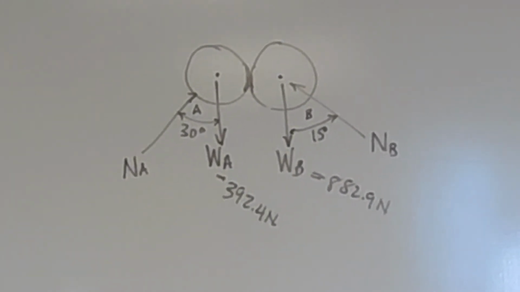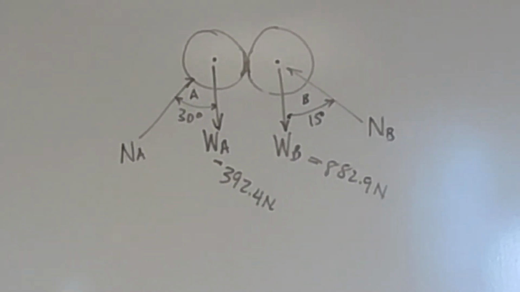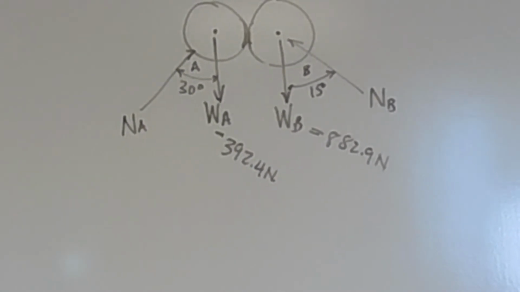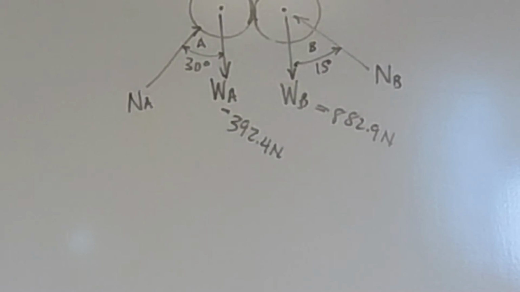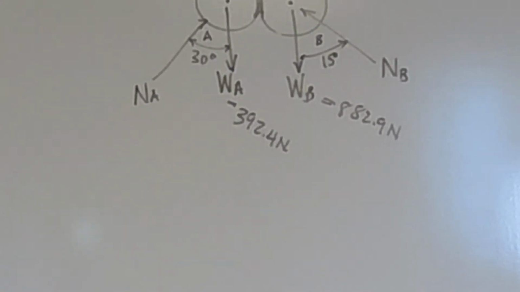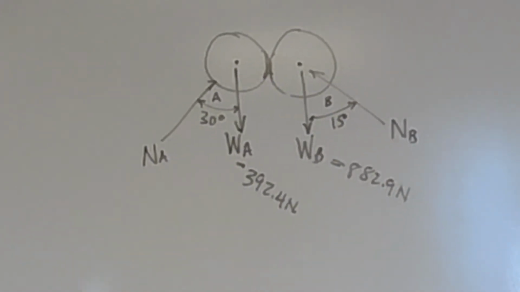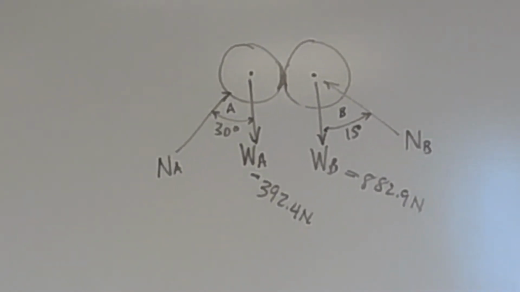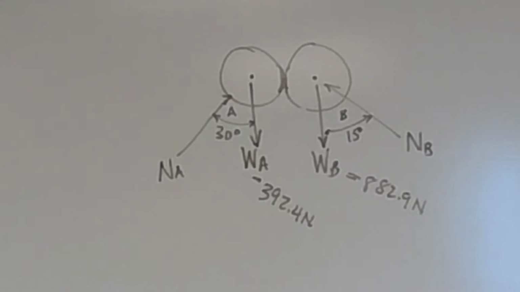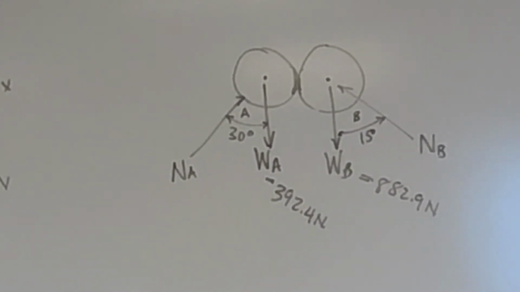Can we just have it be two forces, the weight of the combo and the normal of the combo? What do you mean, combo? Just add the weights together and have it be one force for the weight? It's not a single rigid body, so you can't do that.